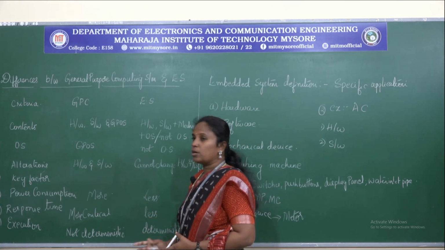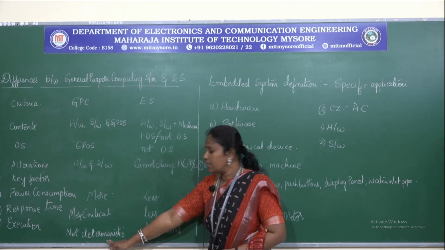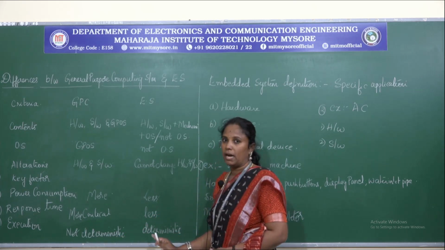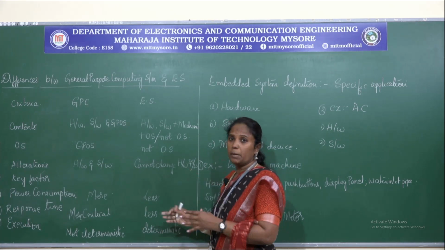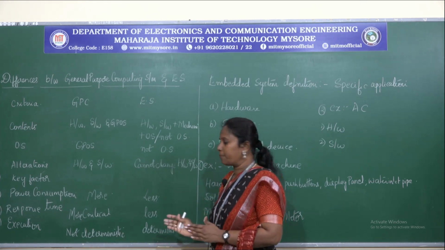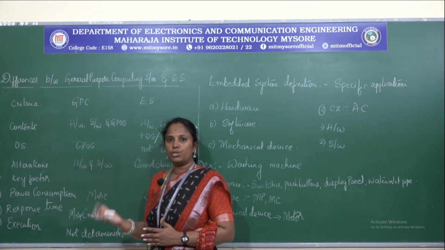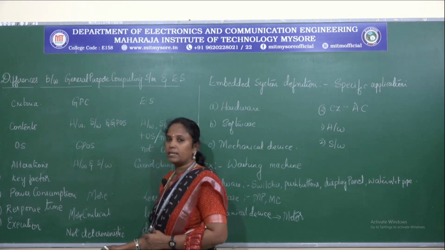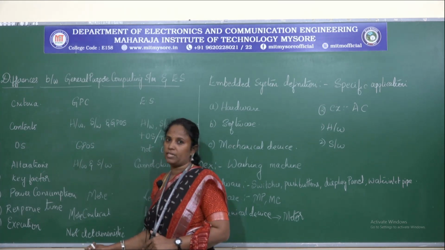In the case of a general purpose computing system, we can say that it is soft real time bound, and in the case of your embedded system it is hard real time bound. Hard real time bound means it is deterministic, that means it has to execute its operation within the specified time, but here it does not matter. There are chances that it might not show you the correct result within the allotted time interval, or that it is not determined with respect to its operation.